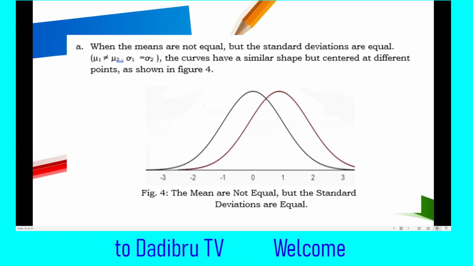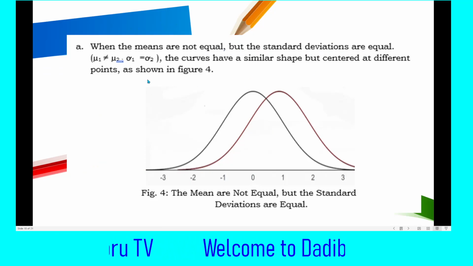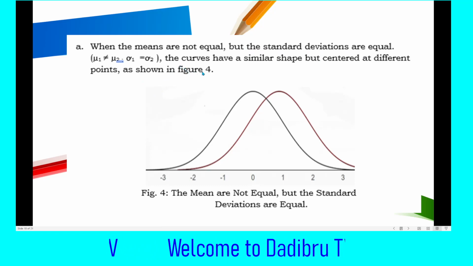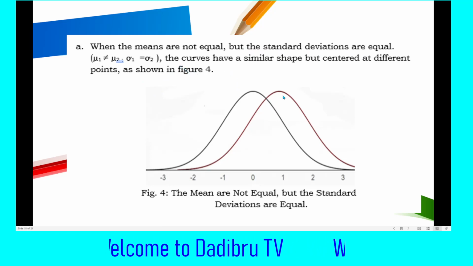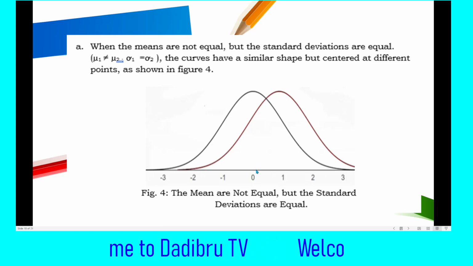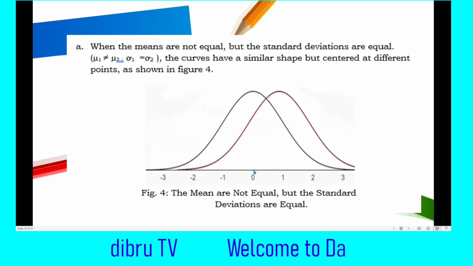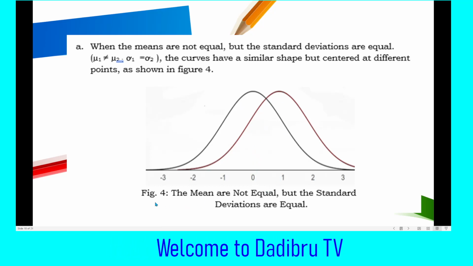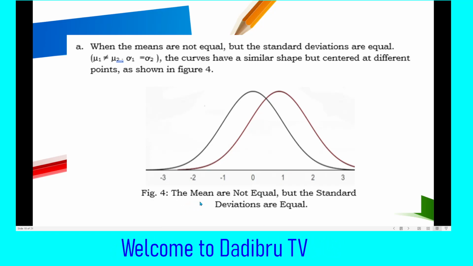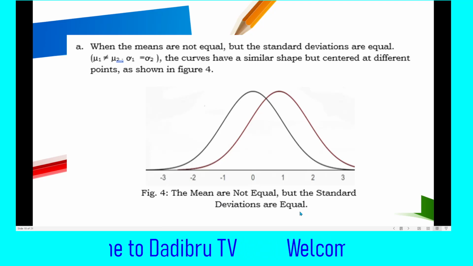A. When the means are not equal but the standard deviations are equal, the curves have a similar shape but are centered at different points. The black curve is centered at 0, while the red one is centered at 1. In this figure, the means are not equal, but the standard deviations are equal.